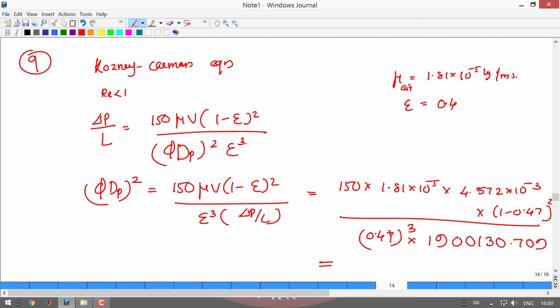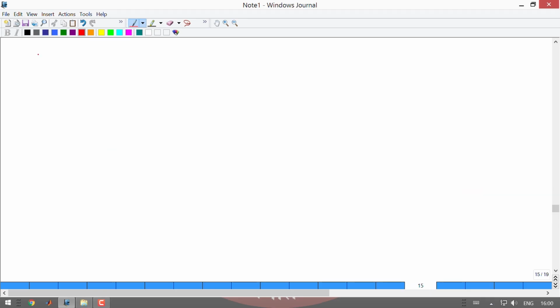After doing the calculation you will get 1.89 into 10 raised to minus 10. From this we have to calculate dP, which is the size of the particle. In the question the sphericity is given as 0.7, and we also got the value of phi dP the whole square, which is equal to 1.89 into 10 raised to minus 10.